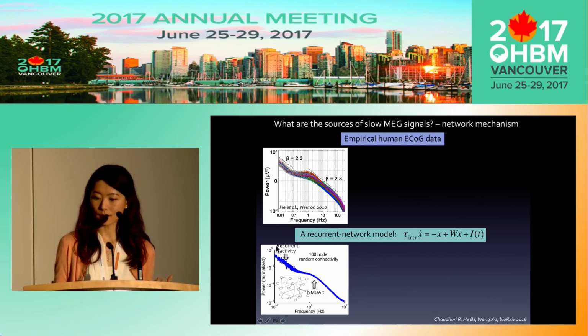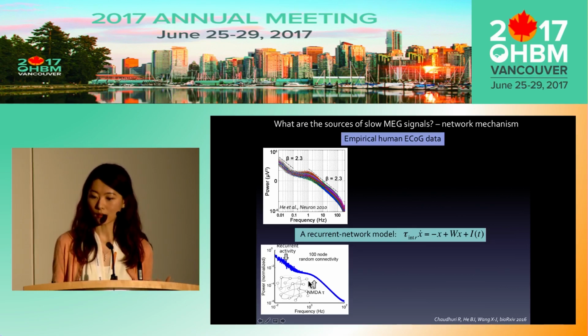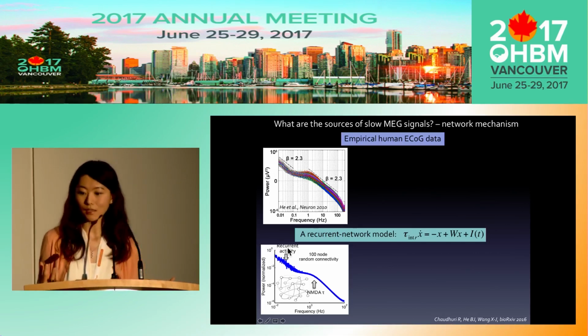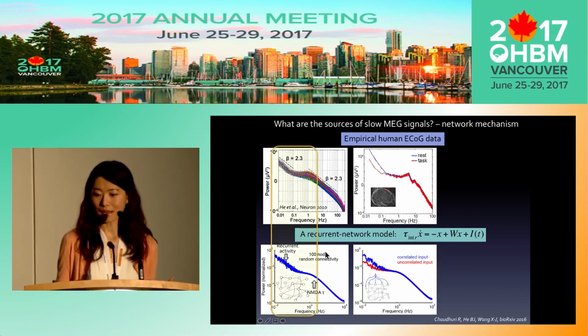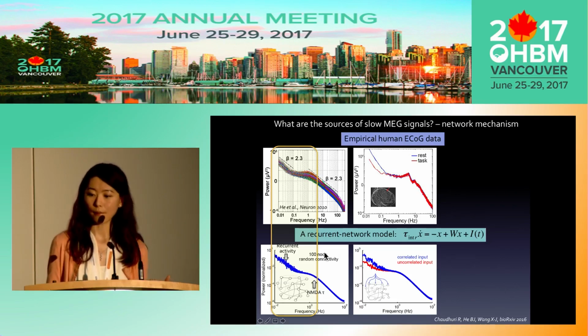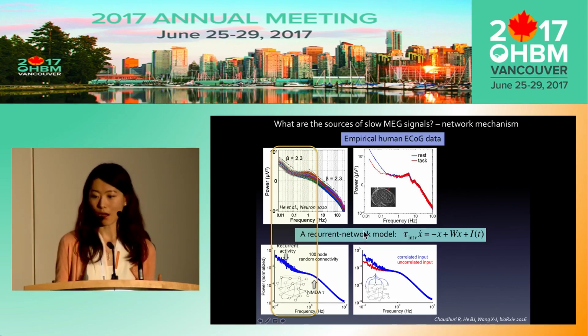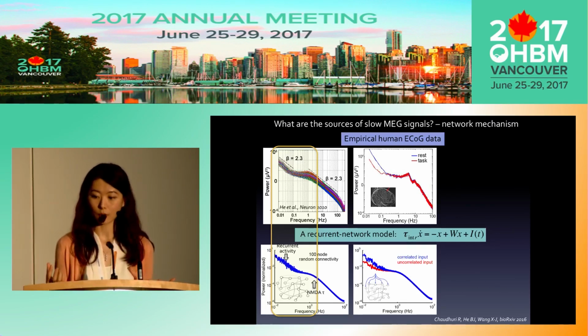And what's really been a mystery until we constructed this network was what is contributing to the low-frequency slow cortical potential. We found that recurrent activity in the network really contributed to this part of the signal. What's nice was that the network could capture the empirical finding of changes in the power spectrum between states. As I mentioned earlier, during tasks, we found a reduction of power as well as autocorrelation in the lowest frequencies. And this was captured in the network when we reduced correlated input into different nodes.